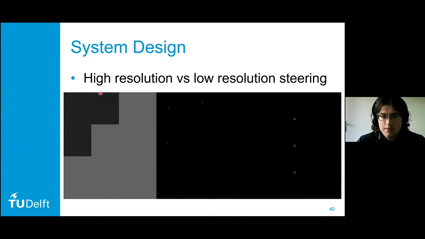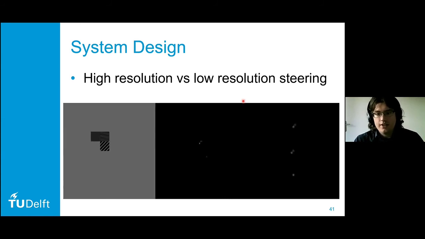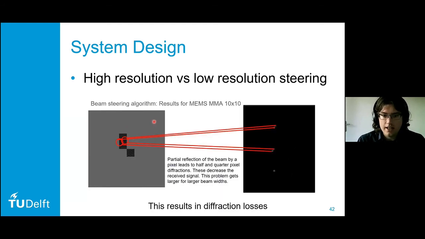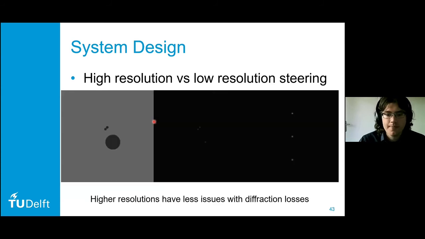When they're spaced far enough apart, this is fine. However, when the beams become closer but do not yet interfere, with such a coarse mirror setup you can start to have diffraction effects. This is because these beams all of a sudden are diffracted over a quarter or a half of a pixel along the boundary.